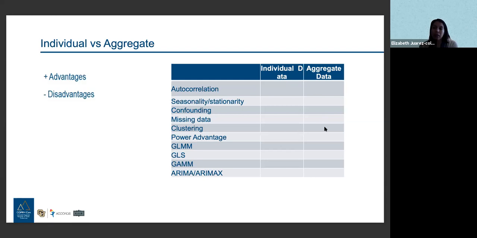Clustering, there could be clustering effects in both, but I would say they might be harder to address, or really harder to have data that would allow you to address the clustering in aggregate data.